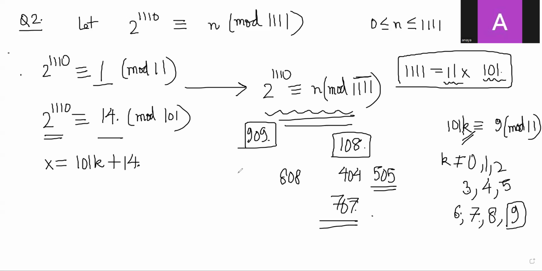So 7 mod 11. Wait, so if K is 9 mod 11, how is it not working? K is 11J plus 9. Oh, the 9 is ruining it. With 101 it gets ruined. 909 is 7 mod 11, right?